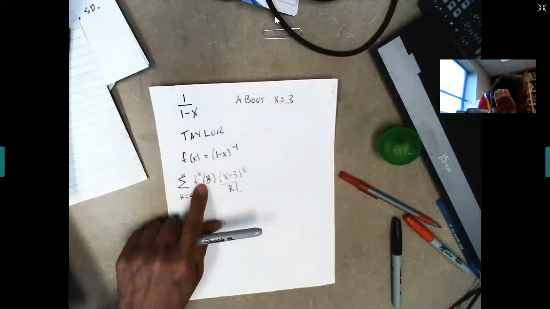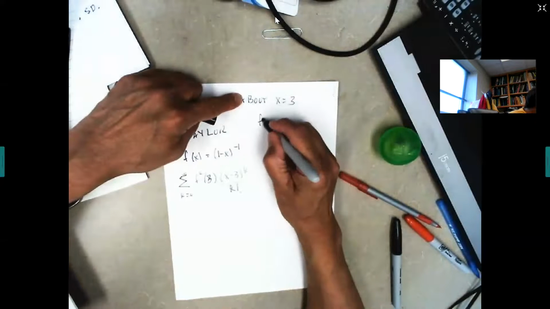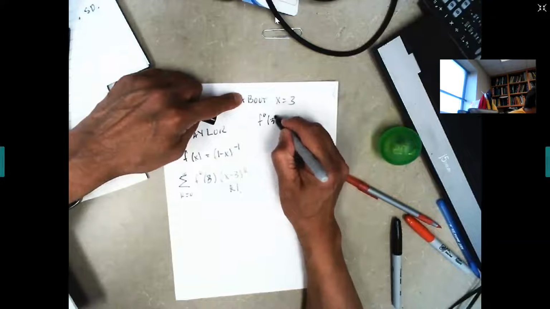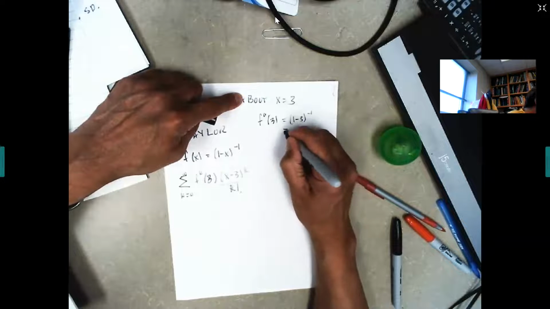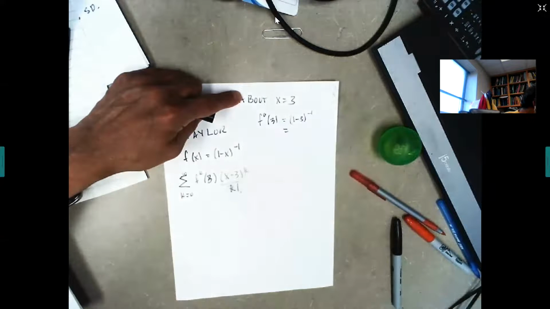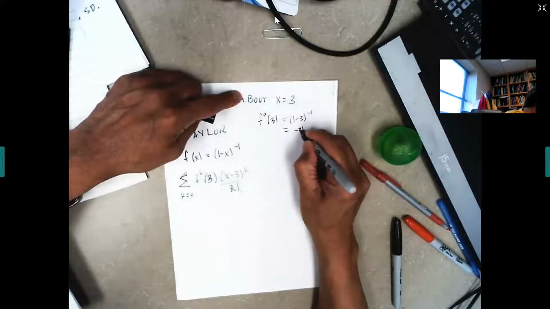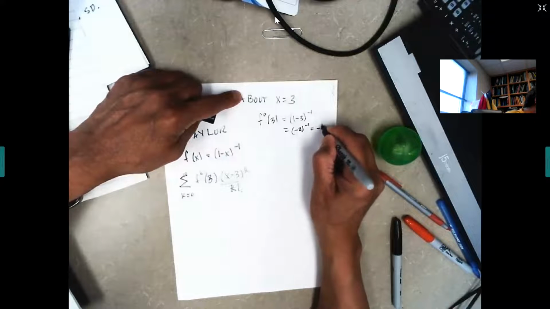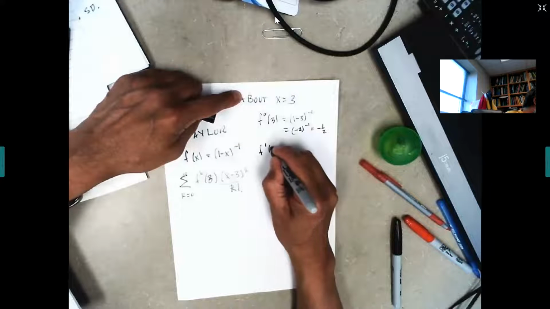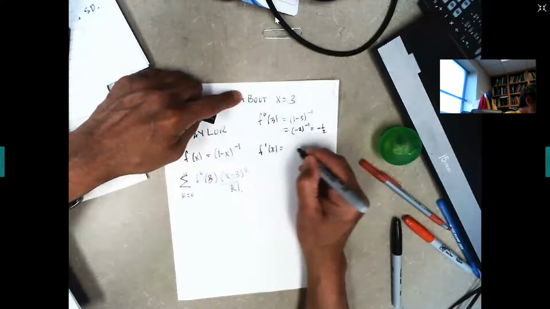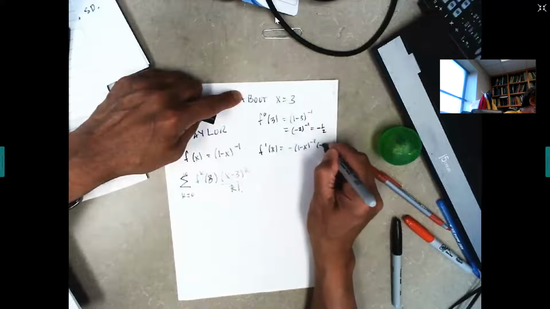So now we have to figure out what's going on here. Well, the 0th derivative is just plugging in 3. You plug in 3, you get minus 2 to the minus 1, which is minus 1/2. The first derivative: negative 1 comes down, 1 minus x to the minus 2 times a negative 1.